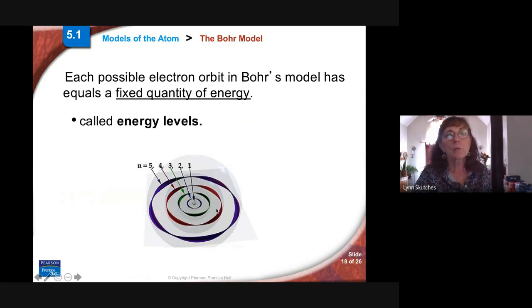Okay, so we call these energy levels. The little tiny black speck in the middle here is supposed to be the nucleus. The first circle is the 1st energy level, the 2nd energy level, 3rd, 4th, 5th, etc. Those energy levels correspond to layers on the periodic table.